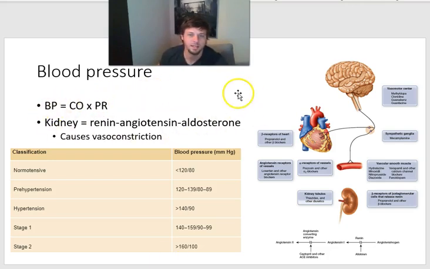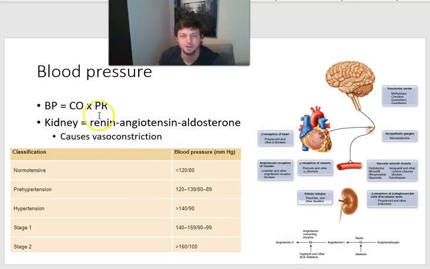So your kidney is going to be important in this group. Typically when you think about blood pressure, you're like, oh, of course, the heart, that's important, right? But also your kidneys, because you have that renin, angiotensin, aldosterone system that we mentioned when we were talking about diuretics, where the kidney picks up on blood pressure.